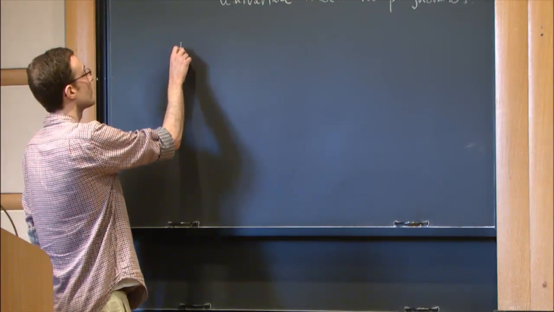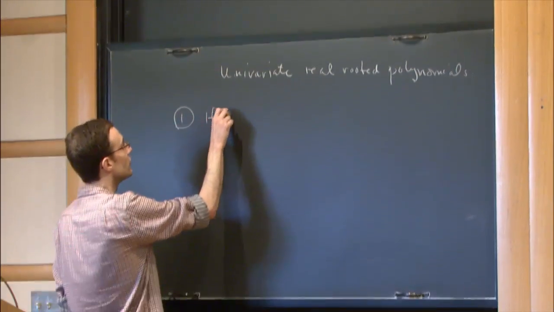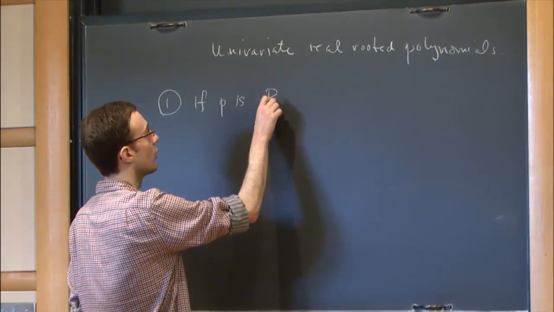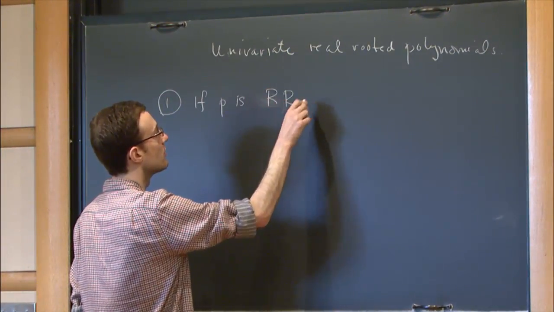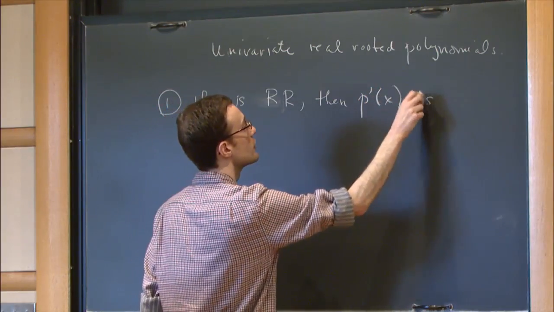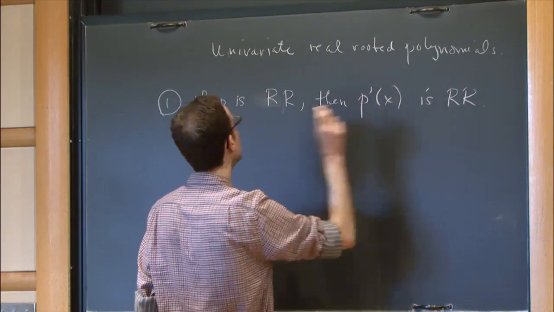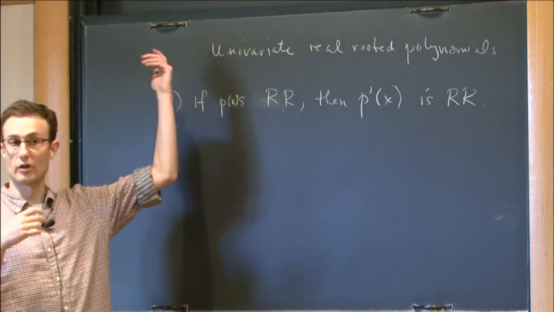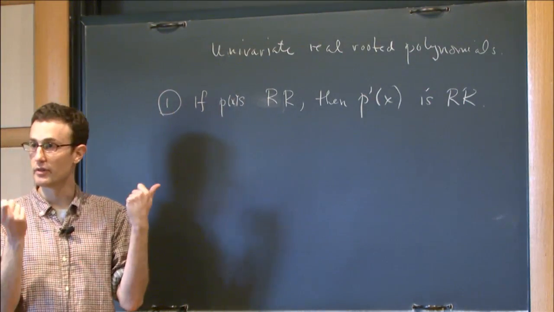First is that if P is real-rooted, just write RR, then P prime is real-rooted. Right, this comes from Rolle's theorem. In between any two roots, you have to have a derivative equal to 0.